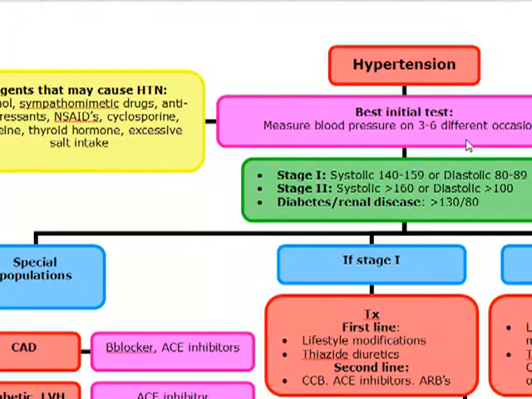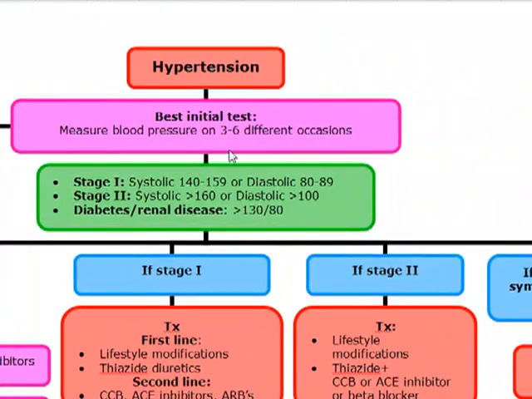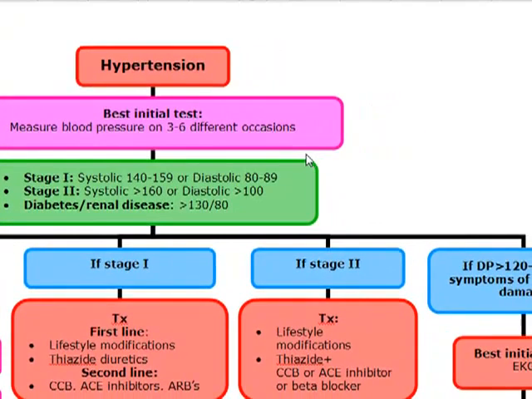So what we want to do is first we want to diagnose and classify our hypertension. First thing I want to point out is normal blood pressure. Normal blood pressure now is classified as a systolic less than 120 and a diastolic less than 80. So normal, you have to have both systolic less than 120 and diastolic less than 80.